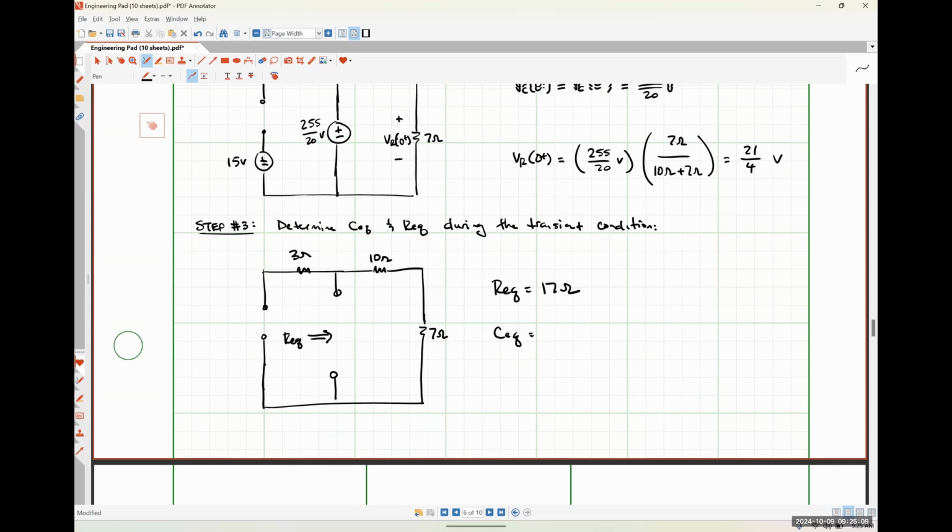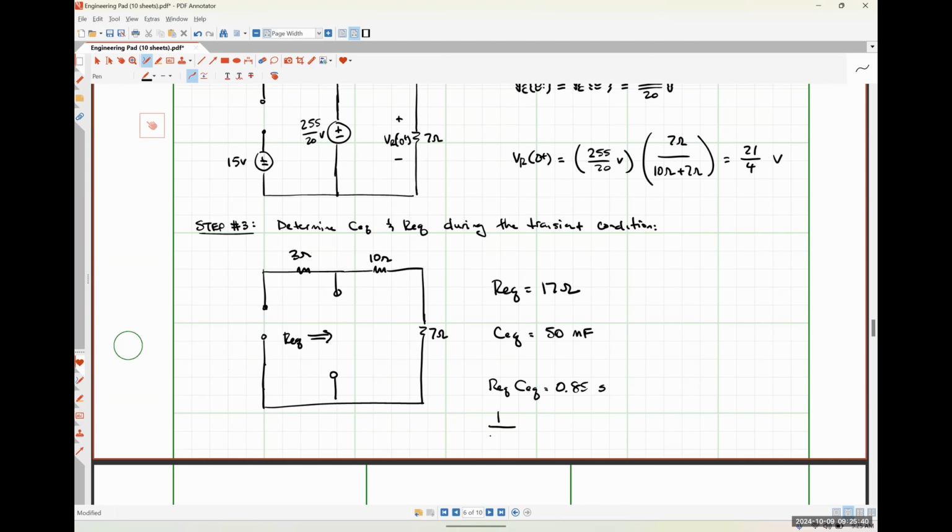But CEQ? Well, there was only one capacitor, so it kind of has to be that. So for what it's worth, REQ times CEQ is 17 times 50 times 10 to the negative 3, 0.85 seconds.